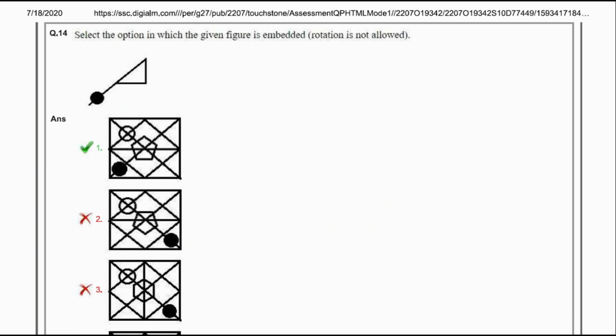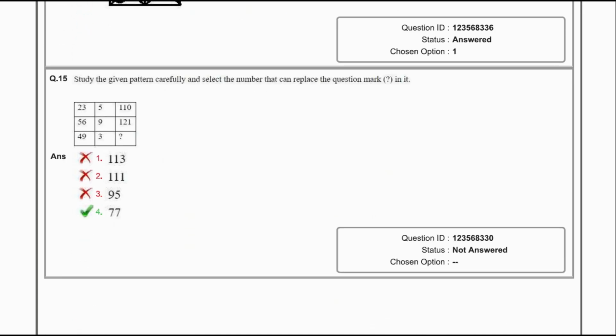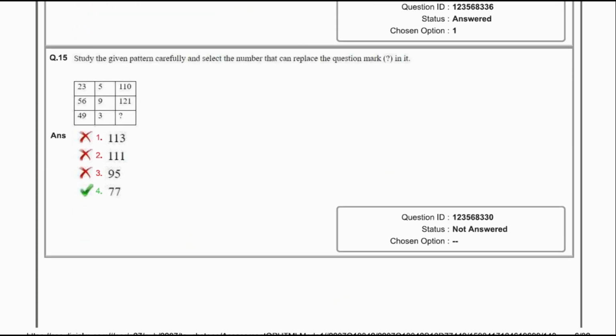So move to question number 15. Study the given pattern carefully and select the number that can replace the question mark in it. 23, 5, 110, 56, 9, 121, 49, 3, 77. So 56, 23 and 49, or 5, 9 and 3.